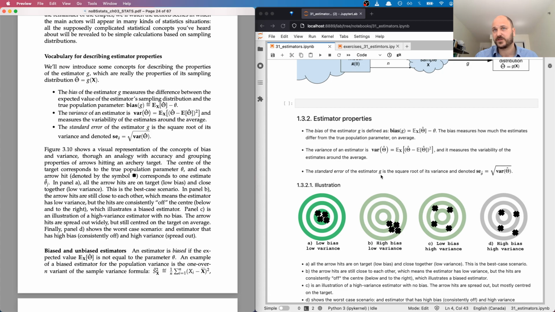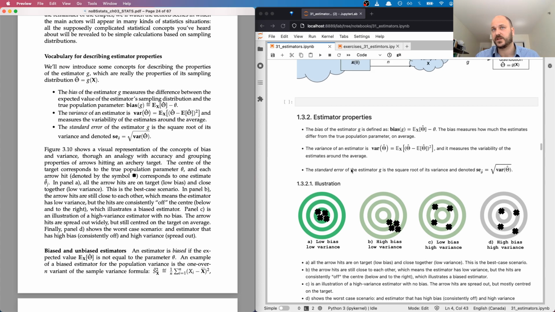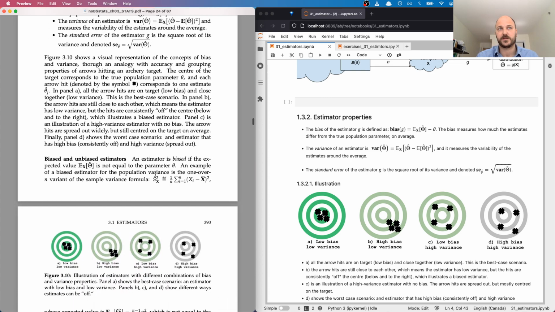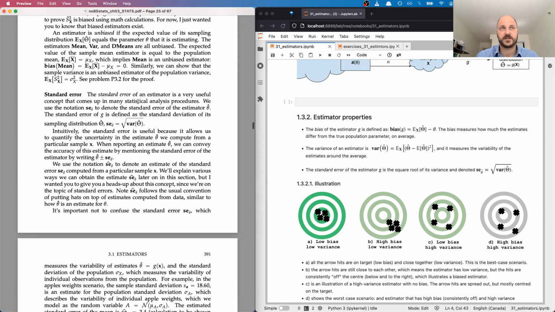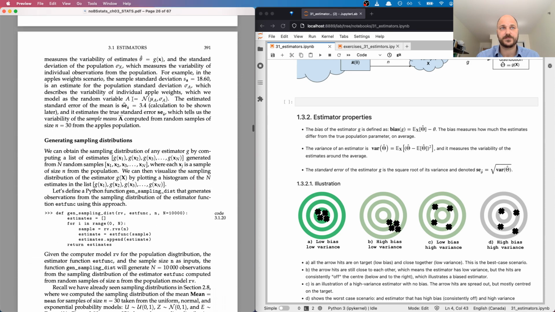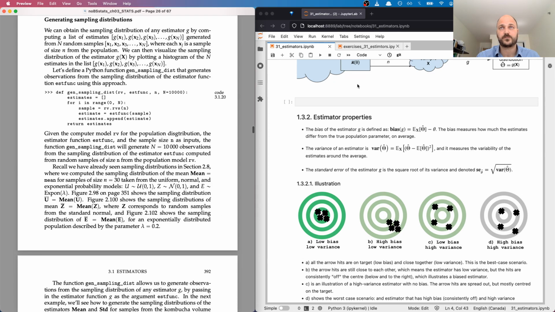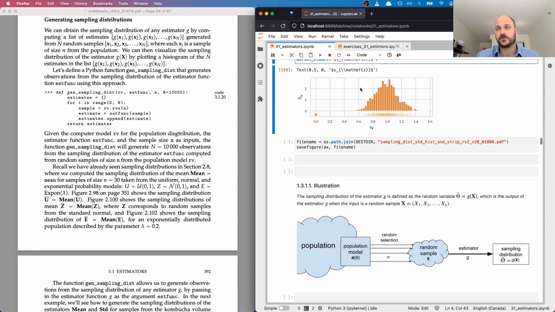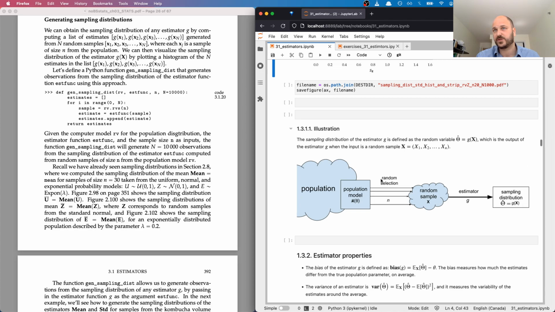The way we measure the variance, it's more practical to take the square root of the variance, and that's called the standard error. So the standard error of the estimator G is the square root of the variance of the estimates. Terminology.